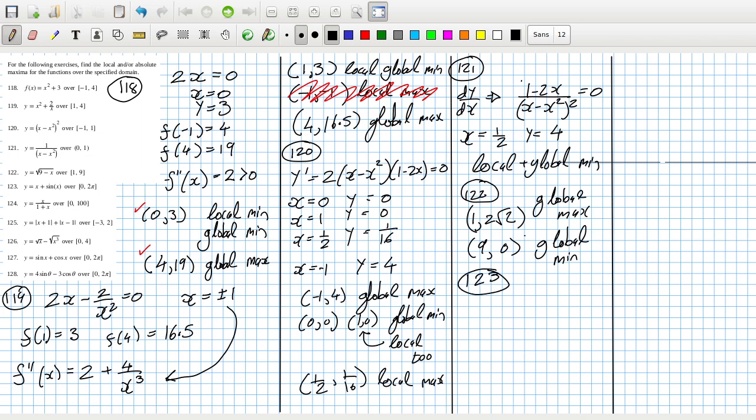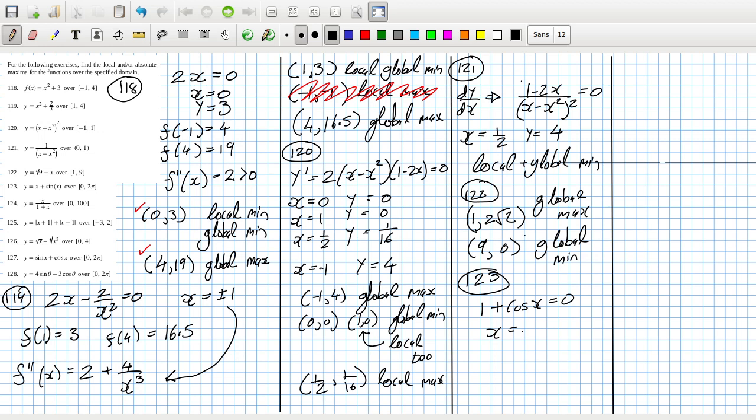123. Okay, so the derivative will be 1 plus cos x equals 0, which means x equals... one answer only, huh?